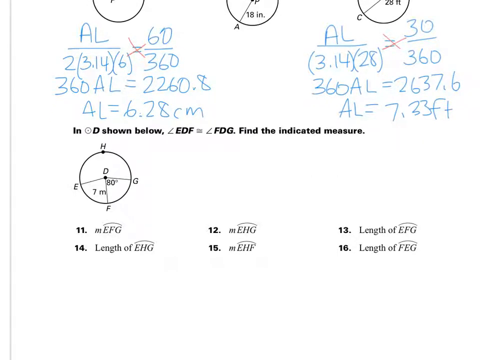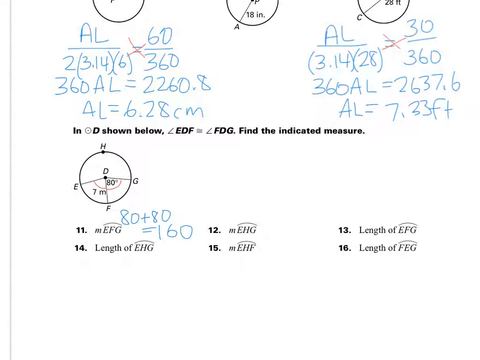And finding the measures down here tells me that I have EDF congruent to FDG. So I just want to label that. I want to find the measure of arc EFG. Well, I know that's going to be 80 plus 80, which is 160.